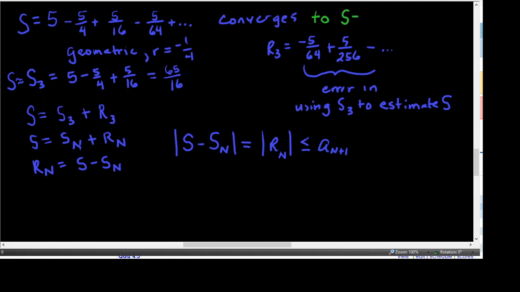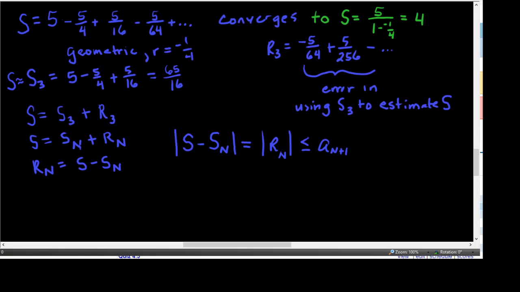Since it's geometric, we know that S is a, which is 5, the first term, divided by 1 minus r, and so 1 plus 1/4 is 5/4. I believe that turns out to be 4. Yep, that's 4.